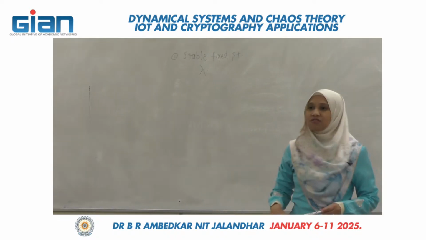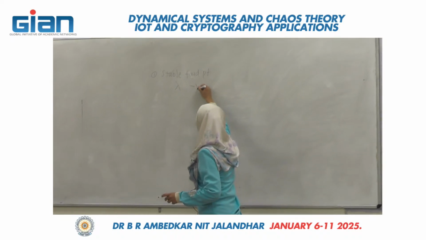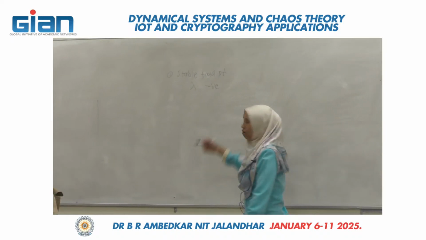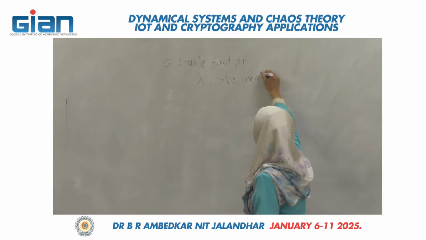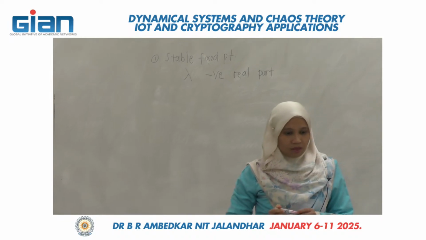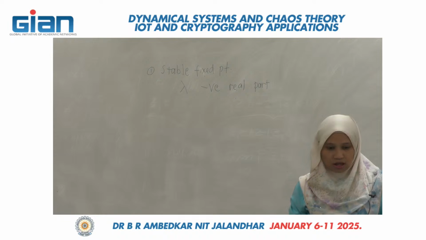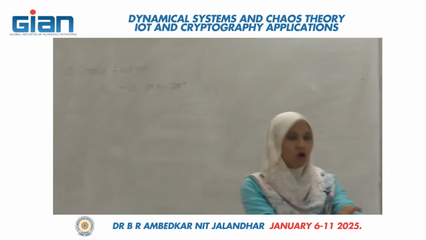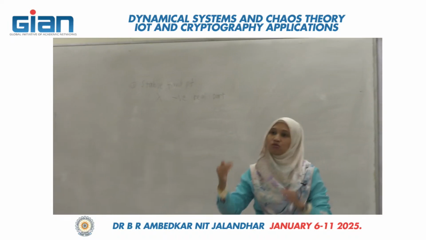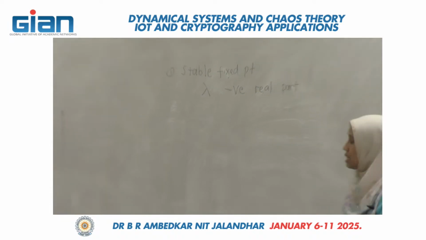For the stable fixed point, our eigenvalues should have negative real part. So in this stable fixed point, the trajectories near the fixed point will converge towards this fixed point without any oscillation. That's why we call it stable.